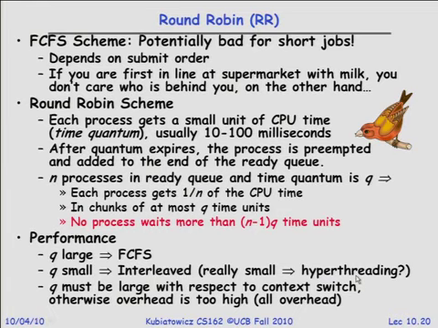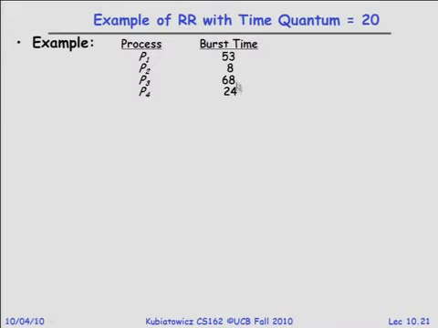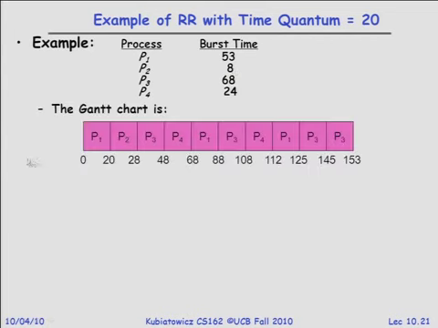Now, let's take a look at some examples. Here we have some processes with some burst time. Process 1 is 53, process 2 is 8, process 3 is 68, process 4 is 24. Poor 8. Process 2 is really regretting being in this convoy. If we've got a quantum of 20, notice that P1 runs for 20, then P2 runs for its 8.